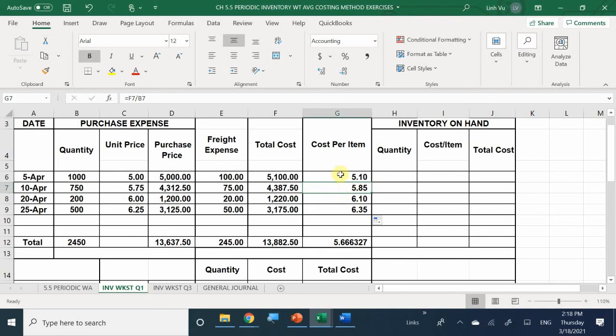And then as I can keep increasing it to $6.35, then maybe it's now $5 and something. So in this case, we don't care about calculating the average, the cost per item anymore, because we're not going to associate them. We're not going to link them up. We're going to cost them as a grand total versus individually. That's only when we're finding the average. Only when you're finding the average.